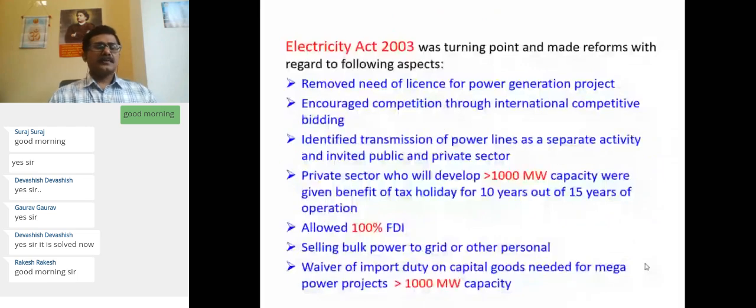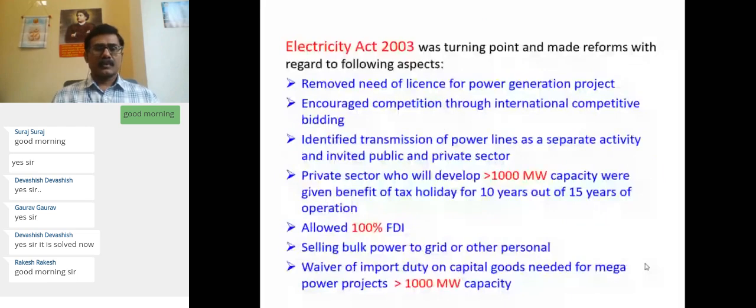So let us see why the power generation companies, specifically in the private power sector, are given a boost, or what exactly the policies are that are being framed by the government, so that the scarcity of power can be overcome by giving a boost to the private power sector.